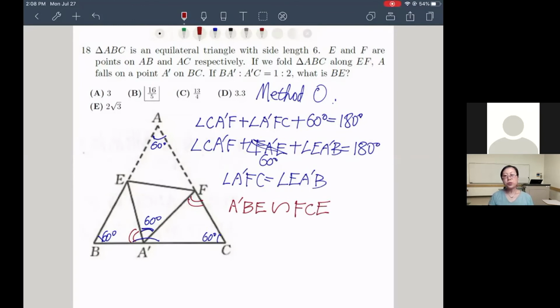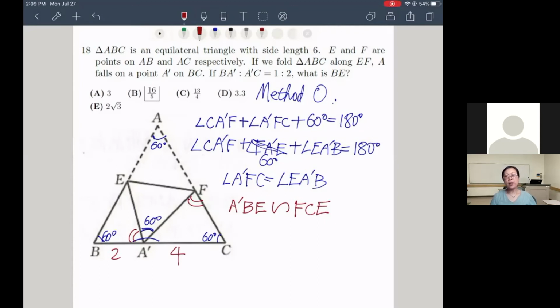Once we know two triangles are similar, we would like to know their ratio in terms of a side length, for example. We know that this is 2, this is 4, given that the side length is 6 and the ratio is 1 to 2. But this doesn't tell us enough information about the ratio of these two triangles.